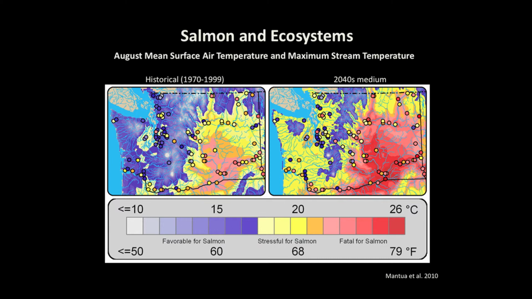So looking at temperature, this is a study that we did. Unfortunately, we only did it for the state of Washington, but we can extrapolate out from here. This shows these continuous colors in the background are August air temperatures, and then these little dots are where we have observed stream temperature data. So this is a historical, and this is a map of the mid-century.